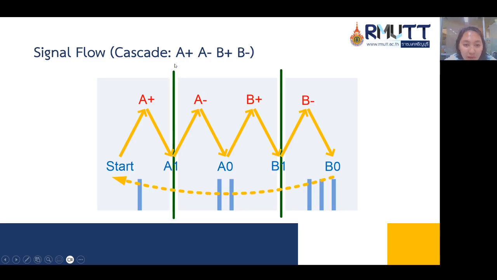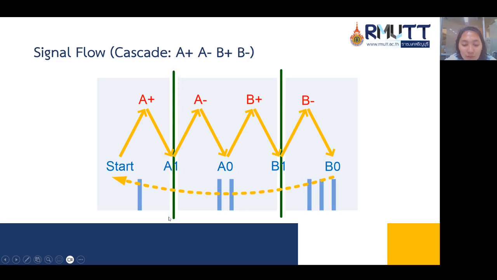So we can divide the signal flow with cascade in this part, divided from plus and minus.